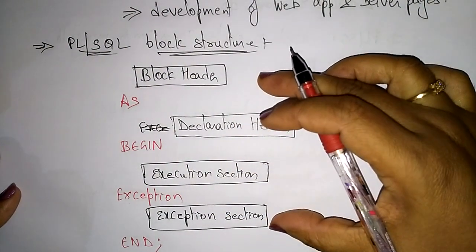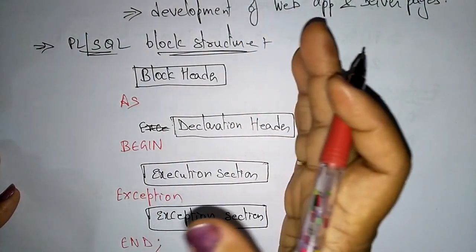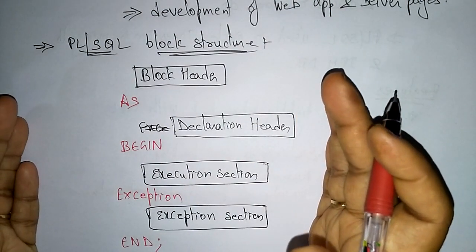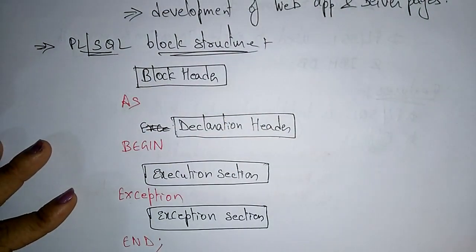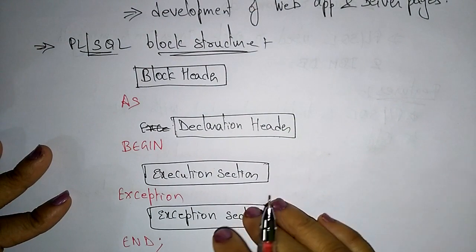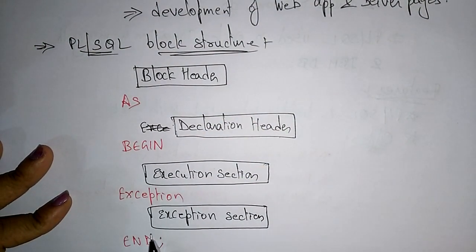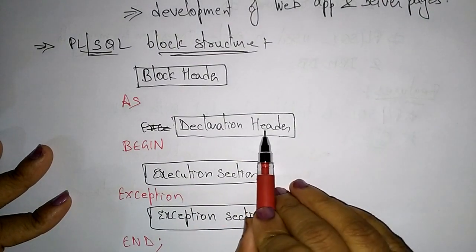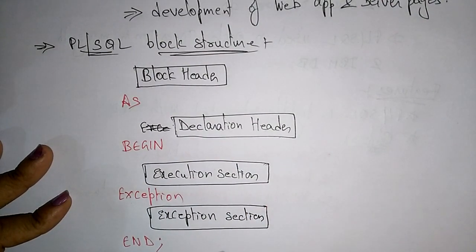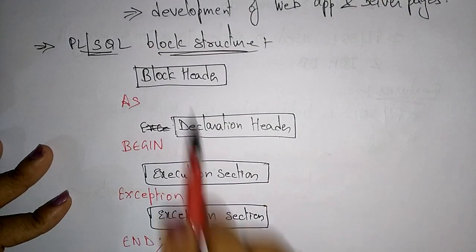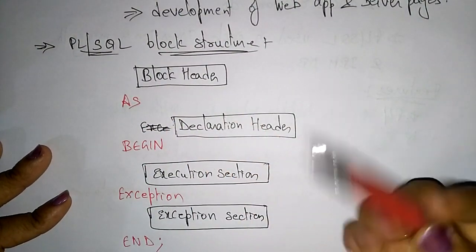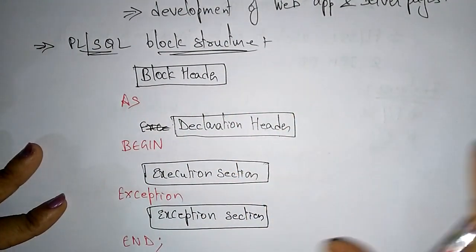So this is the structure of PL/SQL, and the program will be written like this. Here the block header, declaration, begin, execution section and end are required, and the exception section is required whenever an exception occurs.